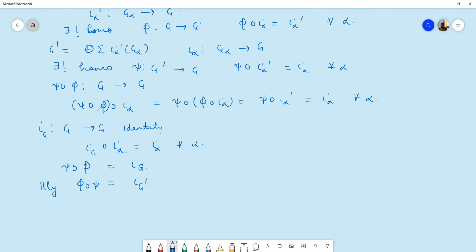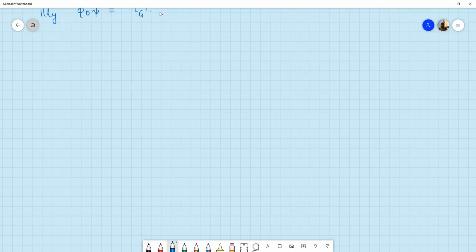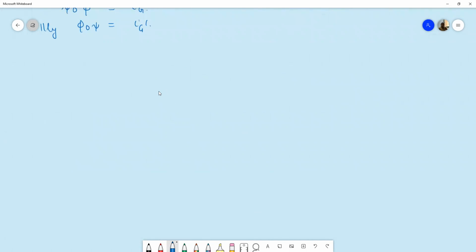So now, if we take G to be the external direct sum of the groups G alpha relative to monomorphisms I alpha, then we sometimes write only this type of notation: G is equal to the summation of G alpha. Because we have proved in the above theorem that whenever we have two different external direct sums of G alpha, then both are isomorphic to each other.